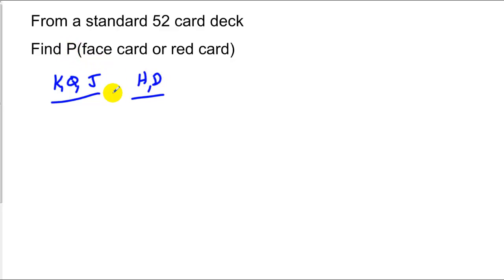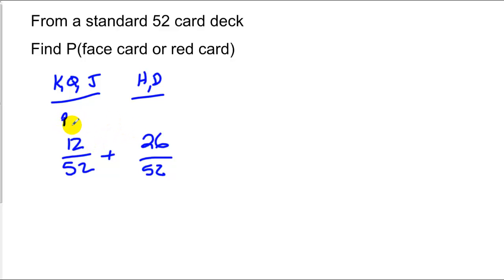So the probability of pulling out a face card, we know there are 3 face cards and 4 different suits. So that gives us 12 out of 52 possibilities of drawing out a face card. Now we know that half of our cards are red, so that's 26 out of 52. And we add those together.